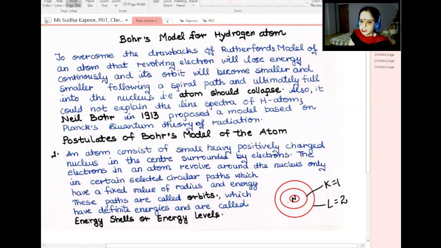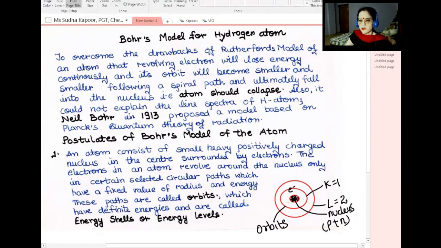The nucleus comprises protons plus neutrons, and these are the orbits, or the energy levels or energy shells, in which the electrons are revolving. So this was the first step: the atom consists of a small, positively charged, heavy nucleus at the center, and the electrons are revolving in these circular orbits.